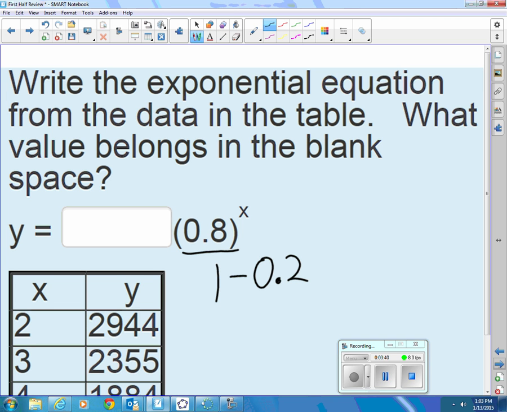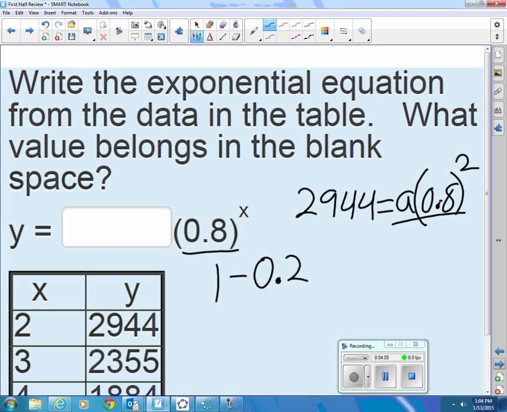So let's take one of those values for y and plug it into the equation. So let's use 2,944 is equal to some starting value times 0.8 raised to the second power. Those go as a pair. That y goes with that x. All we have to do is solve to get the a all by itself.